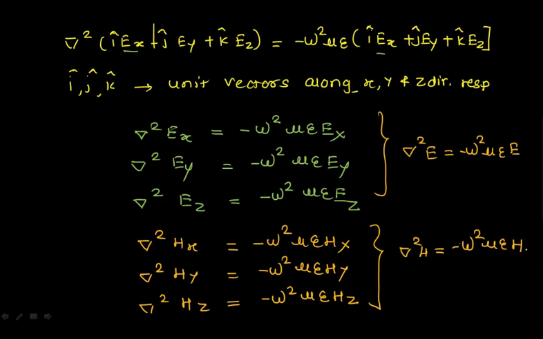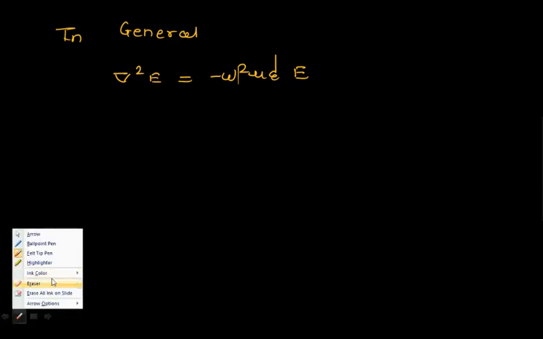Now, as we have got these two equations, taken in each and every direction, in general, how will I write this equation? In general, I can write again del square E is equal to minus omega square mu epsilon E. But we have defined one operator there. If you recall, we have defined one operator which is d by dt.